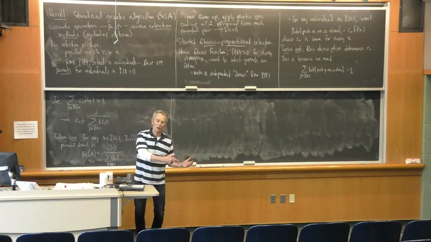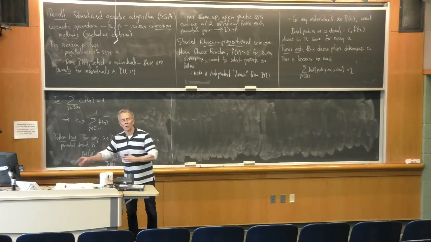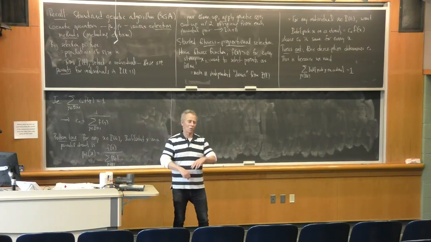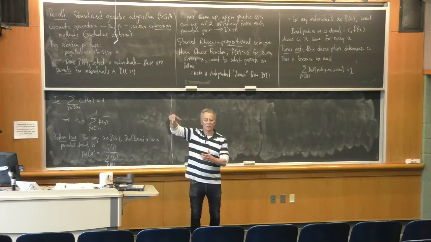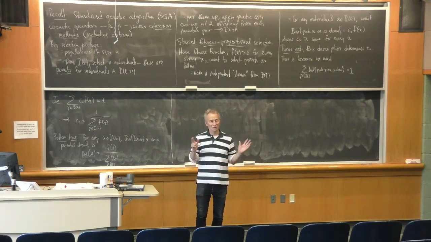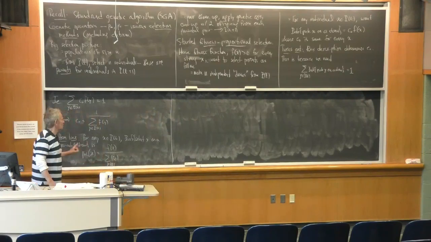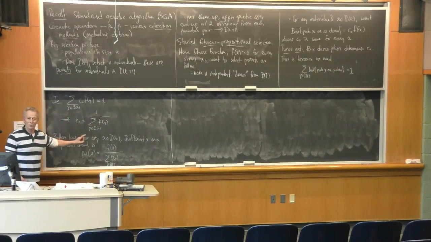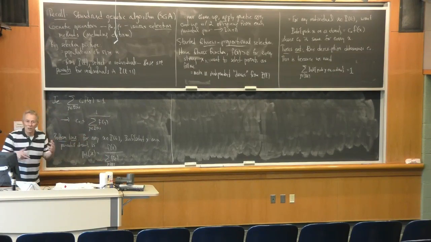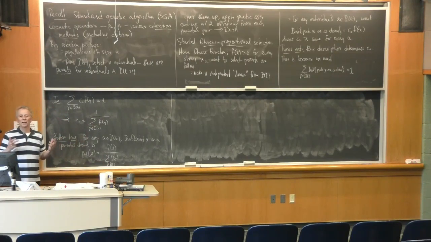How fit you are depends on who else is in the population. And I sort of said, well, genetic algorithms have this exogenous fitness function. There's nothing like that in biological evolution. That's true. But I just want to point out that fitness proportional selection does give you an endogenous component to the selection process.